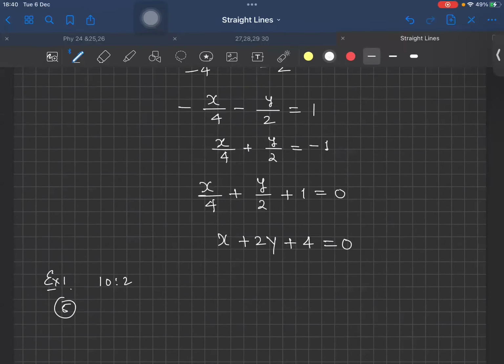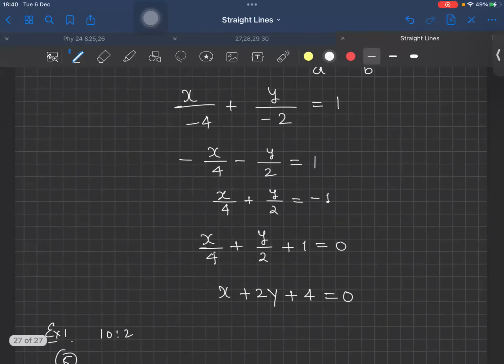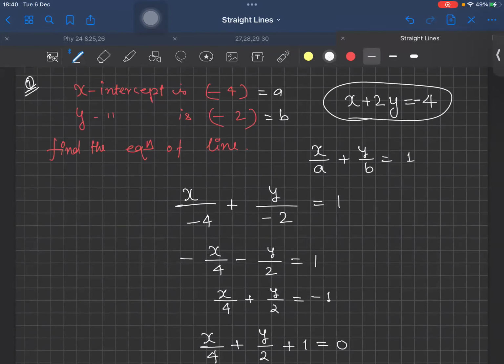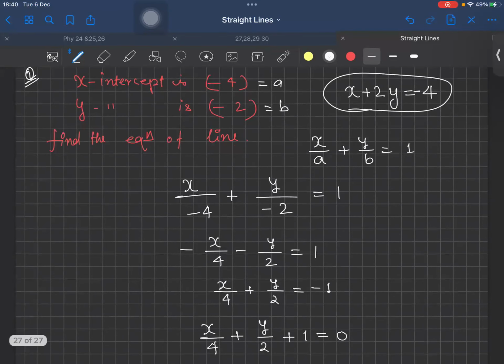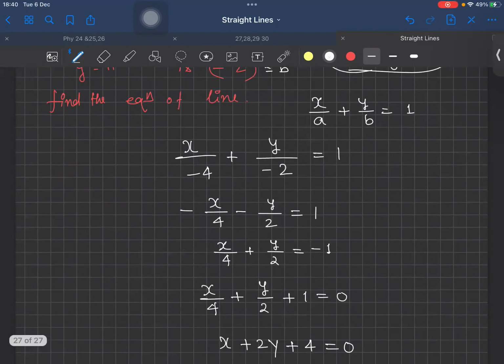So in this problem, can you draw the line? Can anyone draw the line? It will be in the third quadrant, sir. See, you cannot say just third quadrant, it will also be in the fourth quadrant, right?